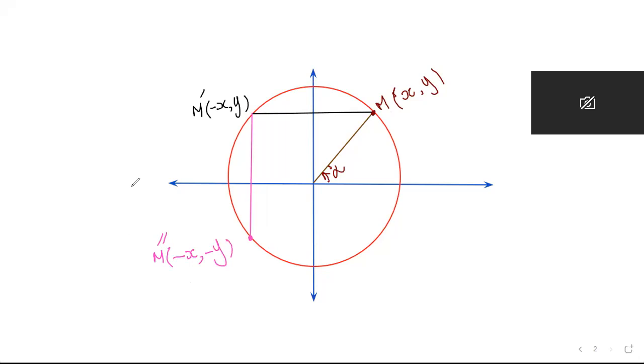Then you see that in the third quadrant of the Cartesian plane, because of the symmetry introduced by the circle, we made one measurement in the first quadrant, while we were able to get the similar measurements in the third quadrant without going to the field and taking the measurement again. Now, I'm going to continue the same thing. I'm going to start from M double prime, draw a parallel line to the x-axis, and go all the way until I have an intersection with this unit circle.